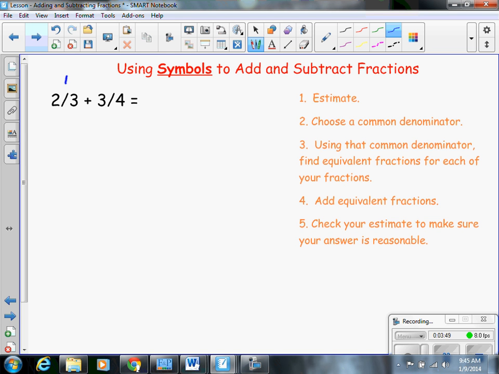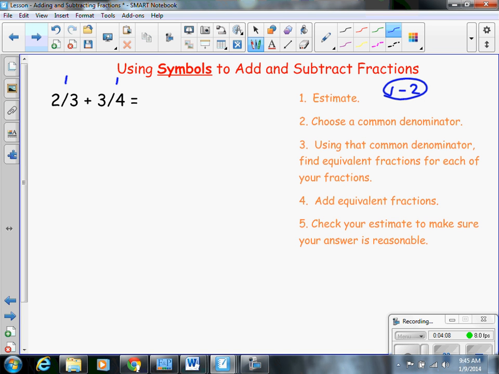So I may need more than one rectangle. So we're going to say between 1 and 2 rectangles. Or I guess we're not doing rectangles, but our answer will be between 1 and 2.